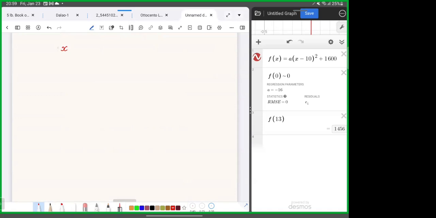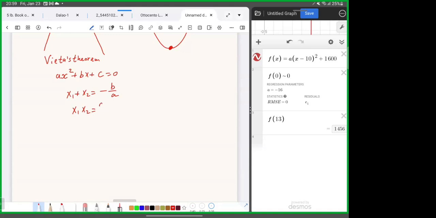When you are given a quadratic equation ax squared plus bx plus c equals 0, it turns out x1 plus x2 is always equal to minus b divided by a. Also, x1 times x2 equals c divided by a. So this is Vieta's theorem. This always works. Let me show you one example, the pure form of Vieta's theorem. So we can use this.